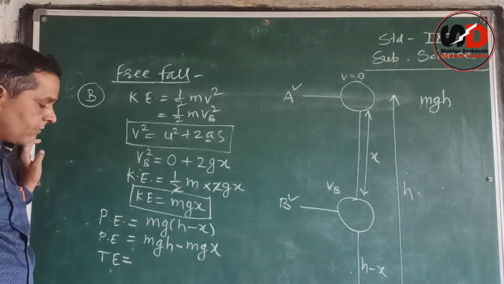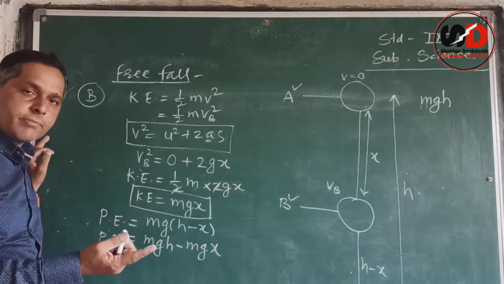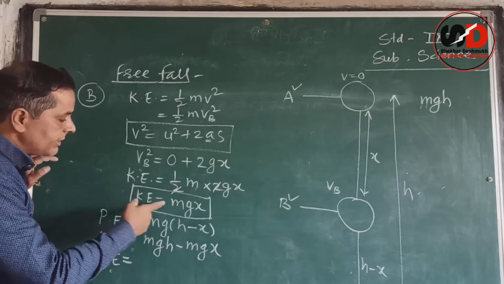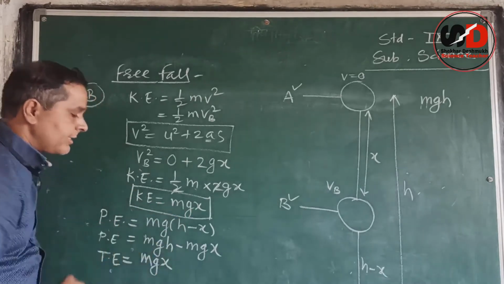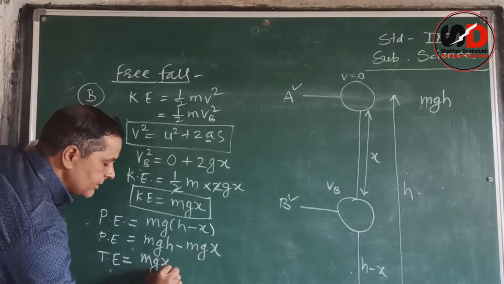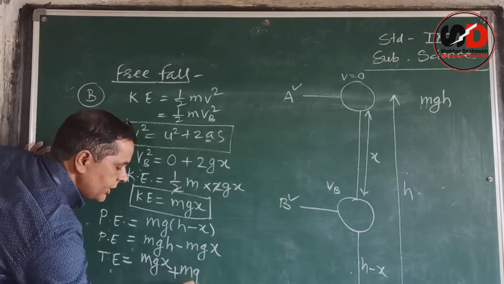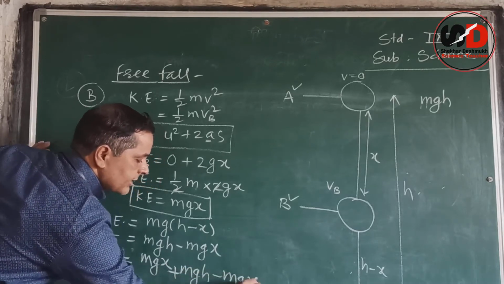What is the total energy then? Total energy is equal to kinetic energy plus potential energy. So kinetic energy means mgx, plus potential energy means plus mgh minus mgx.